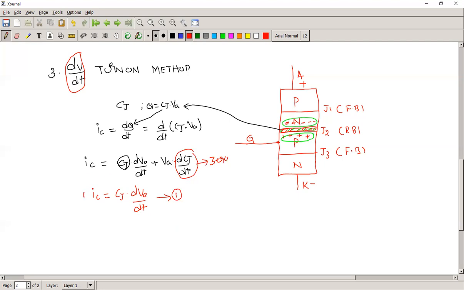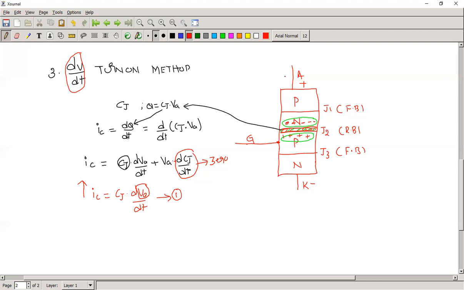This current is higher if the rate of change of anode voltage is higher. Nothing but this quantity is higher. The capacitor current is more when the rate of change of anode voltage is more. Now we come to the diagram.